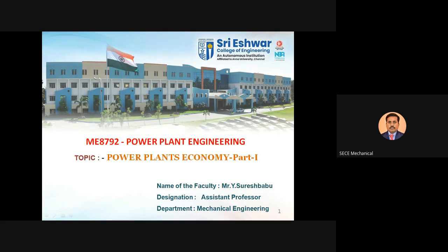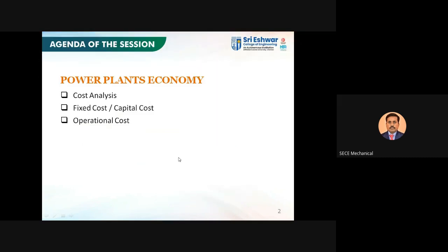First we'll move to today's agenda of the session. Today's agenda is first to discuss the introduction of power plant economy, and then we move to the different types of cost, that is cost analysis.